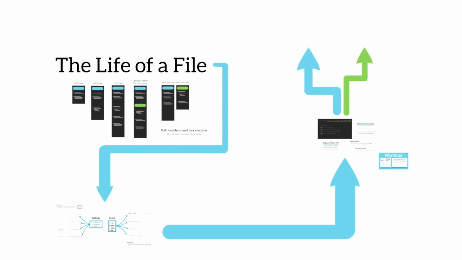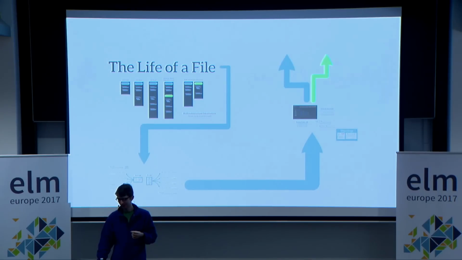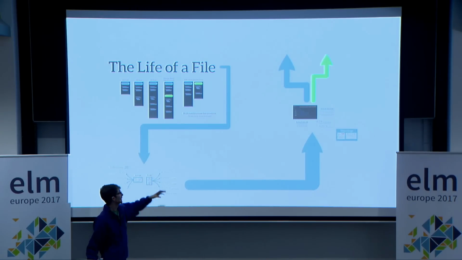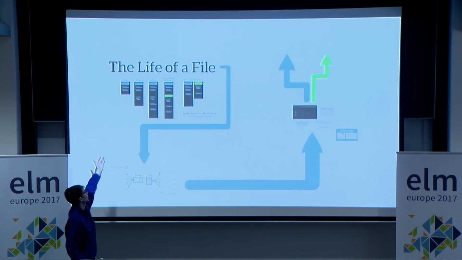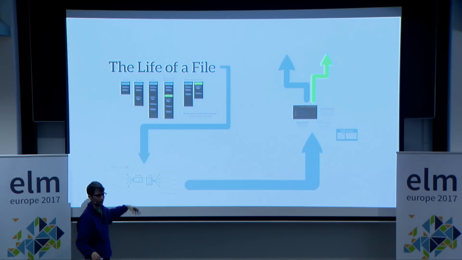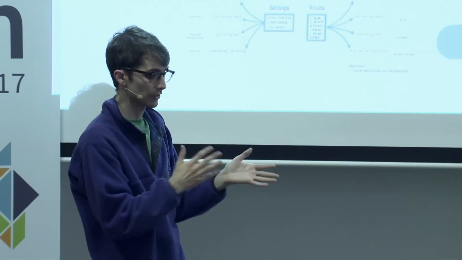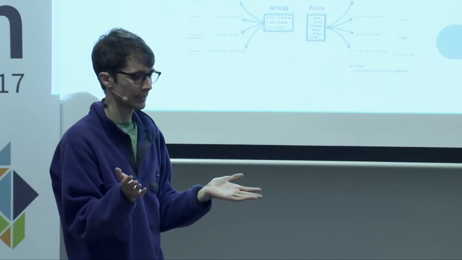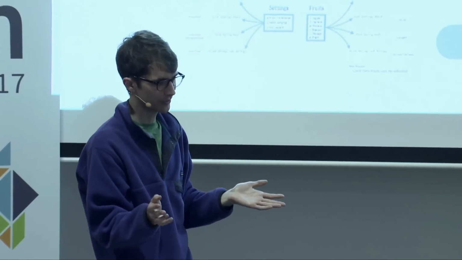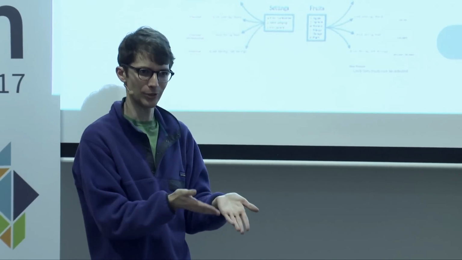Okay, so to take a step back, we saw how a file tends to grow, right? And if we focus on the data structures, we end up with these nice categorizations where, when I'm searching through a code base, I say, hey, where's that stuff that's related to books? It's probably in the module about books, right?